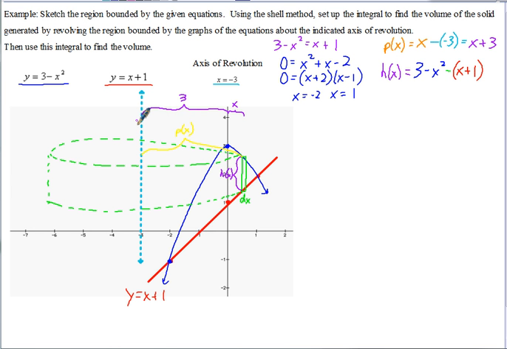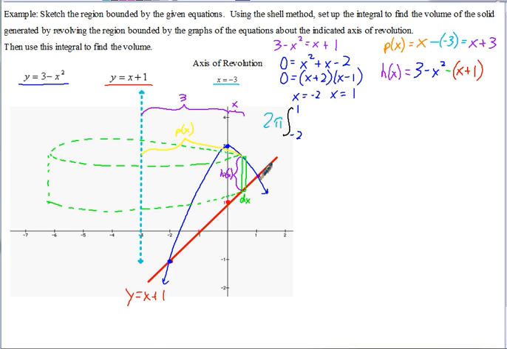Now let's go ahead and set up our integral. And this one we can do without a calculator. So we've got 2 pi on the outside. Integral from the region starts at -2, stops at x coordinate of 1.